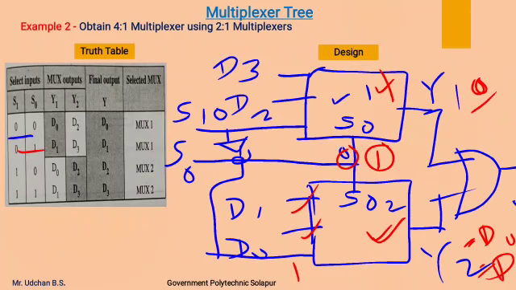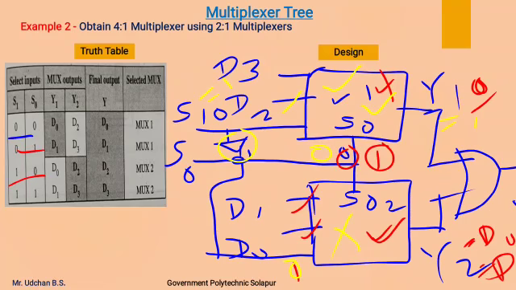Similarly, for the third condition, S1 is 1 and S0 is 0. As S1 is 1, this multiplexer gets enabled, and through this NOT gate it will become 0, so this multiplexer will get disabled. As this multiplexer is enabled and S0 is 0, the first line gets selected, that is D2.